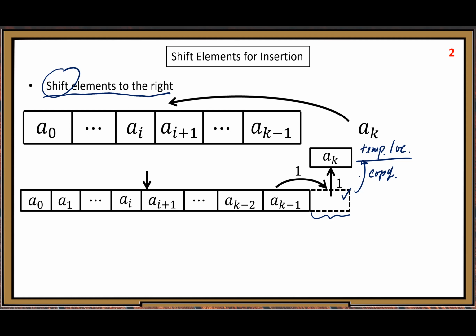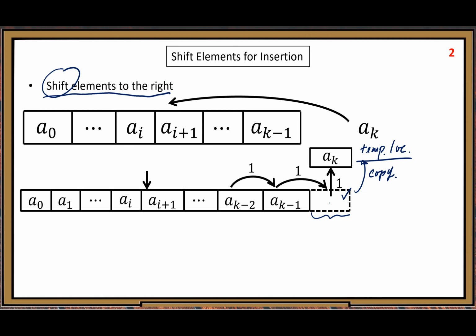Then we do a comparison with A sub k minus 1. If A sub k minus 1 is greater than A sub k, we shift it to the right vacant location, because we already made its right position vacant. We shift A sub k minus 1 to its adjacent right position.